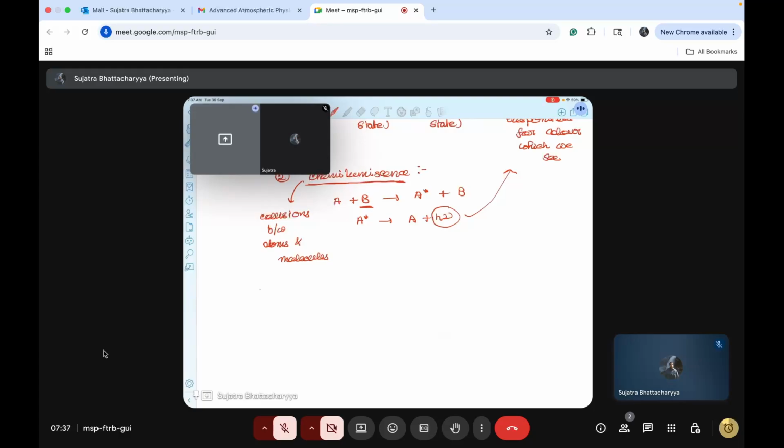So for airglow, there is a low concentration of atoms and molecules and a large amount of extreme ultraviolet photons.